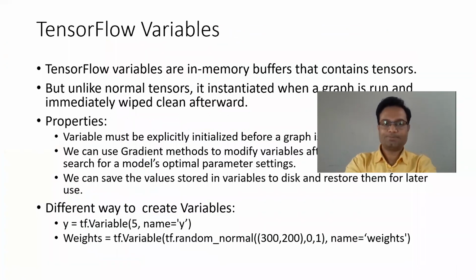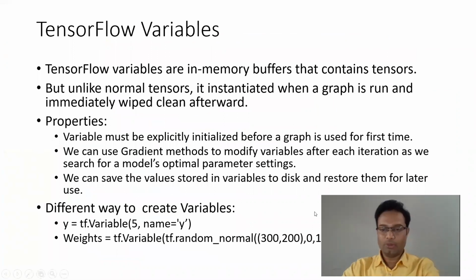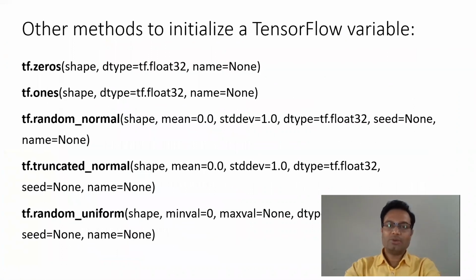So this is the variables, a very nice concept and a very useful, handy weapon when you create your model in deep learning. And the other way, as I explained, you can use tf.zeros, so it will fill with zeros, ones, the fill. I explained all the fills, random numbers, different uniform distributions.